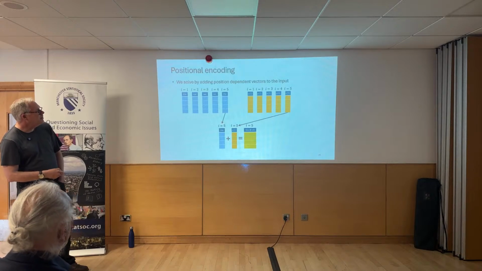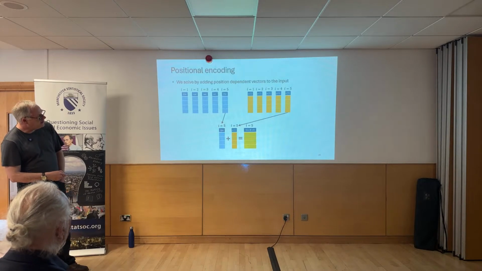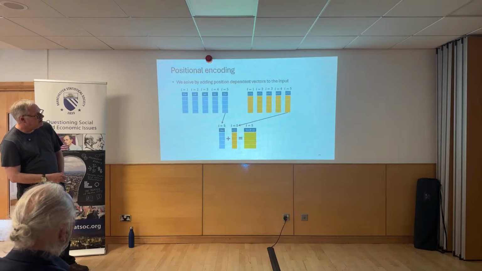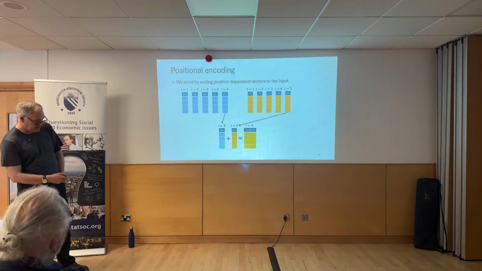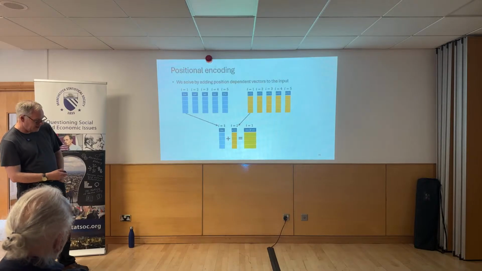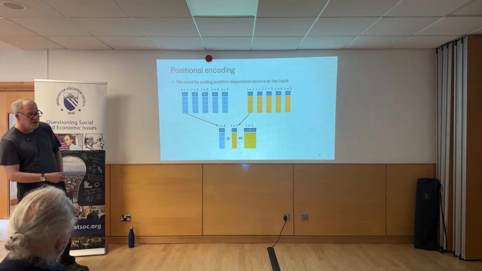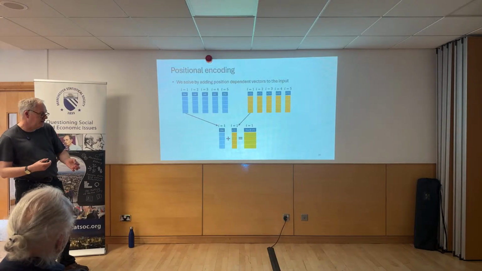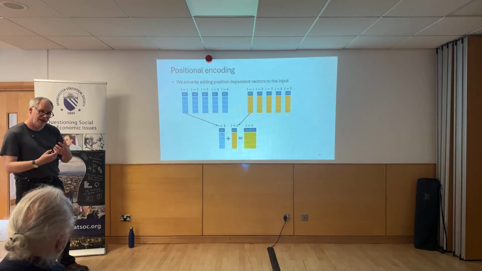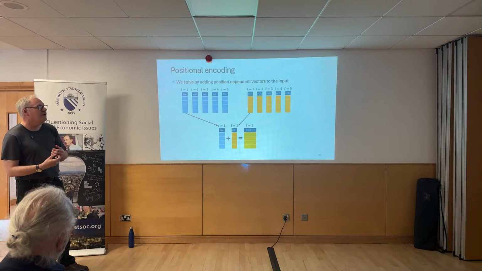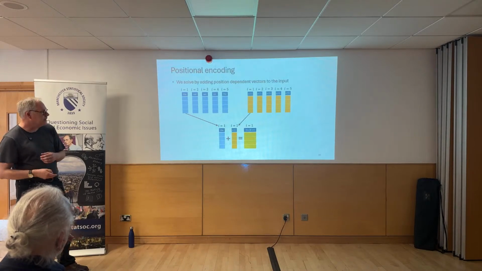By the time I've got to the end, I'm starting with the same vector for the word "the", but I will be combining it with a different vector because I'm inputting i equals 5 into my function p. So I will actually get a slightly different green vector to when I was looking at the first instance of the word "the". So this introduces a difference between the two instances of the word "the", and through the training process, the model can then exploit those differences to take into account the positional information of the different words.